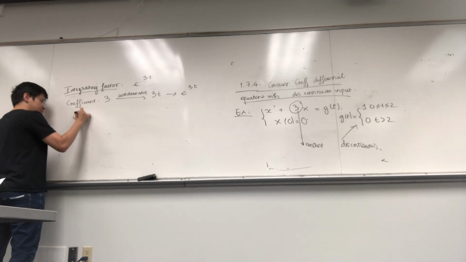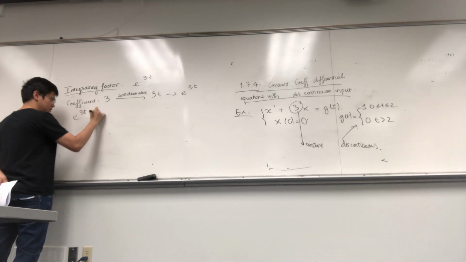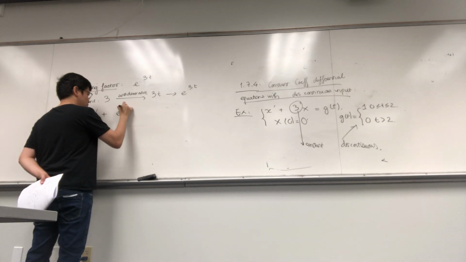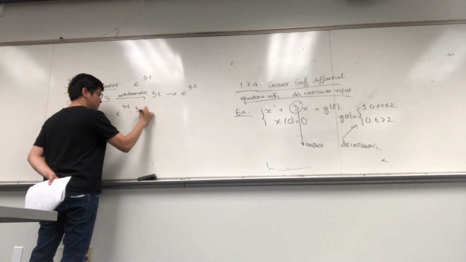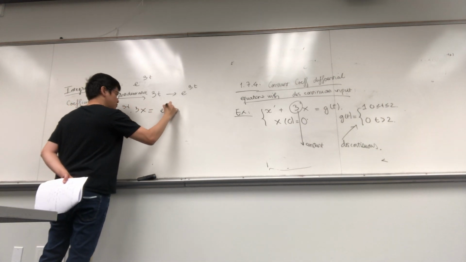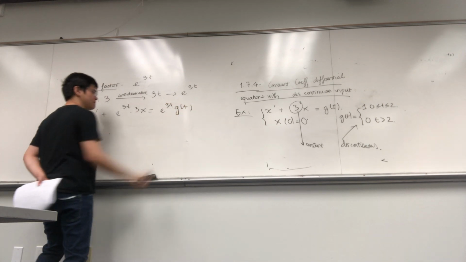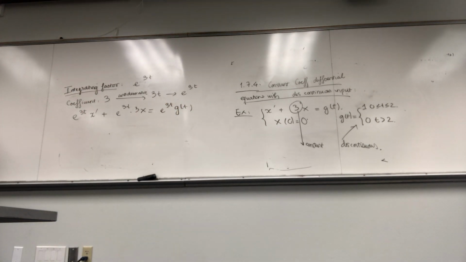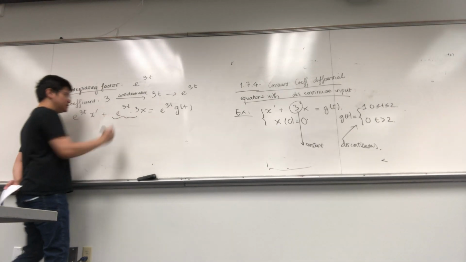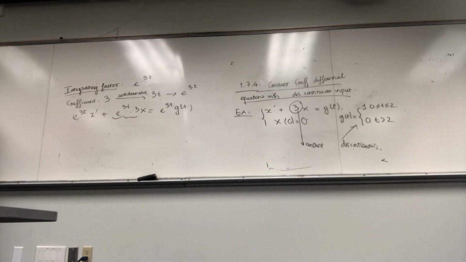You multiply e to the 3t to both sides: e to the 3t x prime plus e to the 3t times 3x, and this is e to the 3t g(t), right? So when you have an integrating factor, you have to multiply that to both sides of the equation. Now, what is e to the 3t times 3? Yes, the derivative.